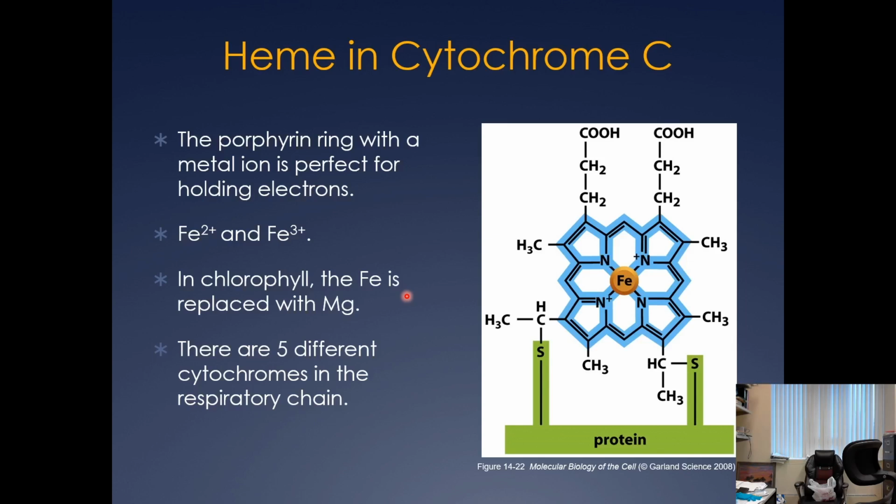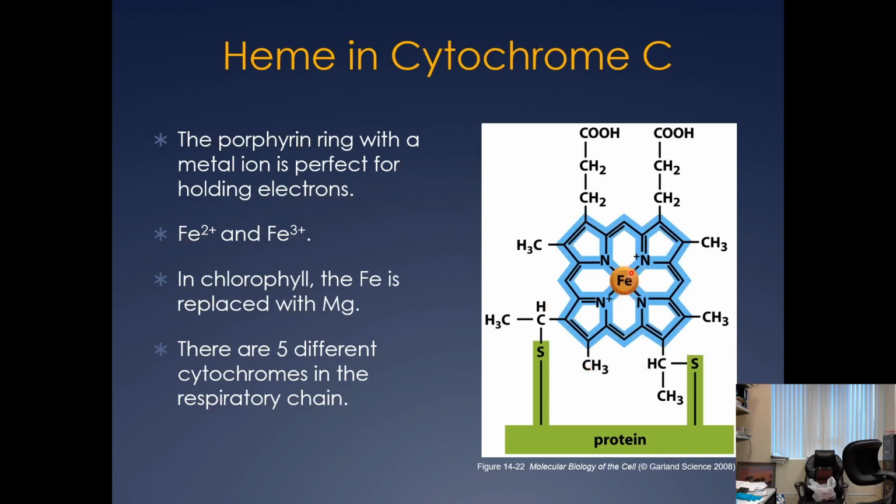Some of the things that help move electrons are hemes, and there's all kinds of other cofactors, copper, iron. We'll see them also in plants and chlorophyll. There's magnesium. And here's just sort of a schematic of heme. It's got this porphyrin ring here, with the iron in the middle.